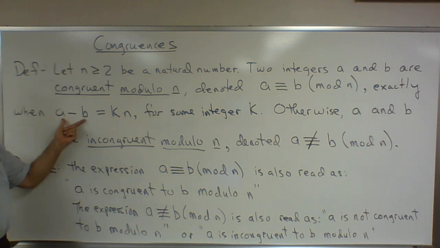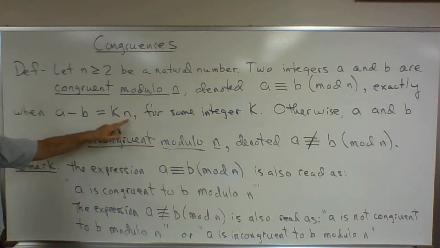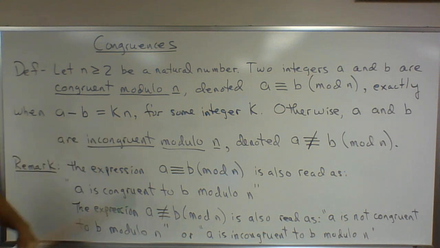So in other words, if the difference of a and b is a whole number multiple of n, then a and b are congruent modulo n.